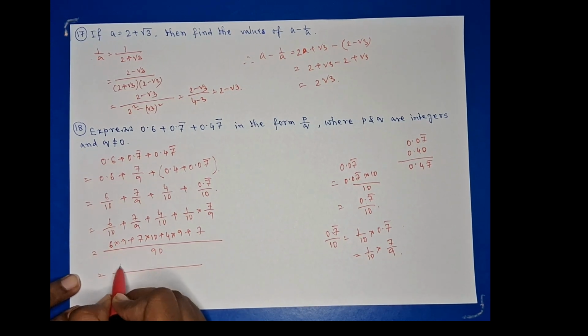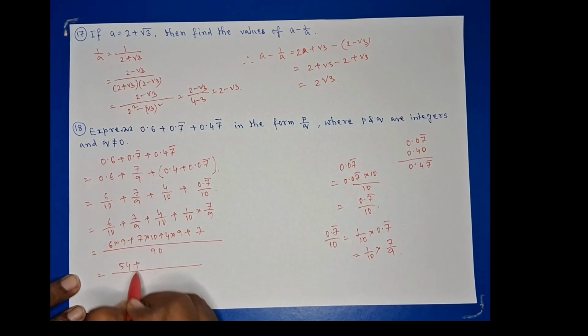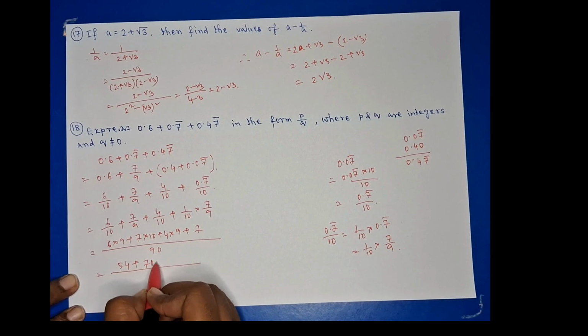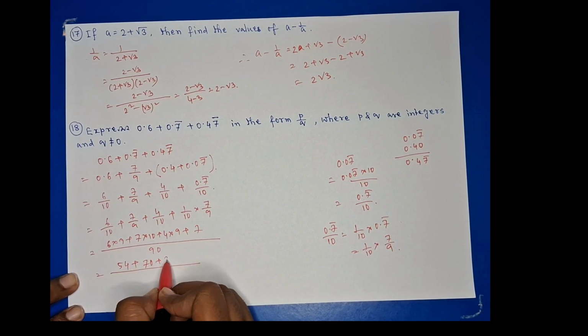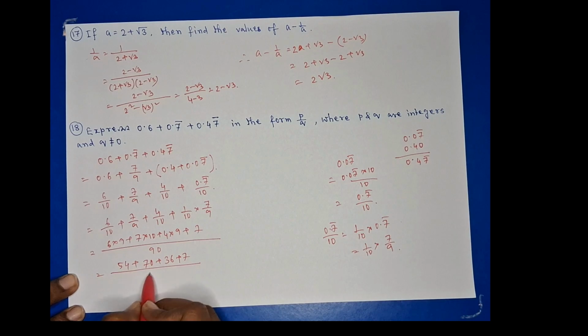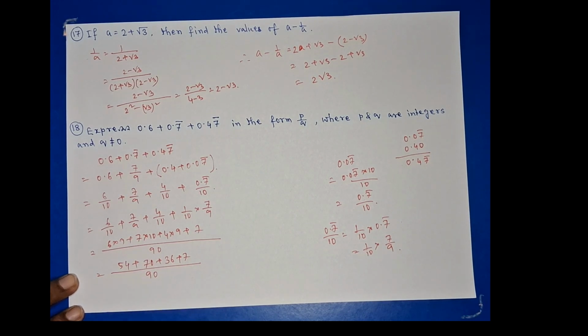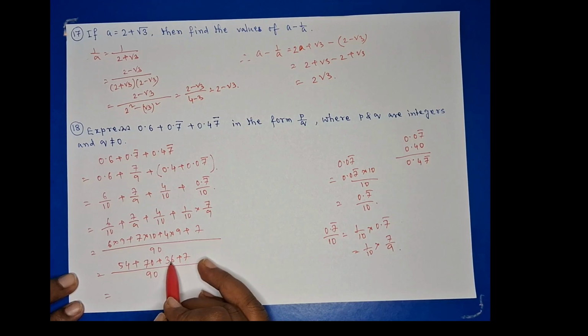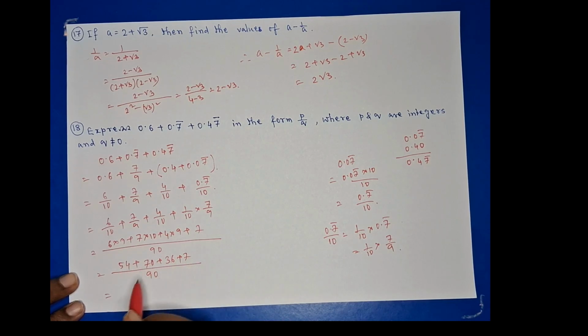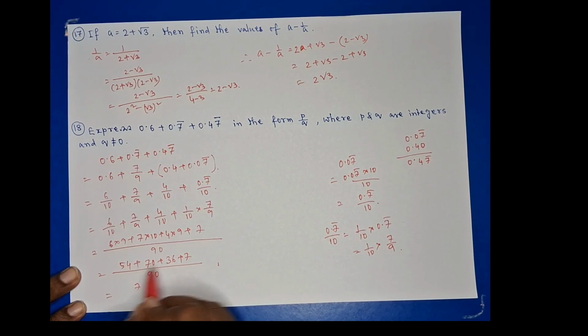So 6 nines are 54 plus 7 tens are 70 plus 4 nines are 36 plus 7 by 90. So how much will this become? This will become 167 by 90.